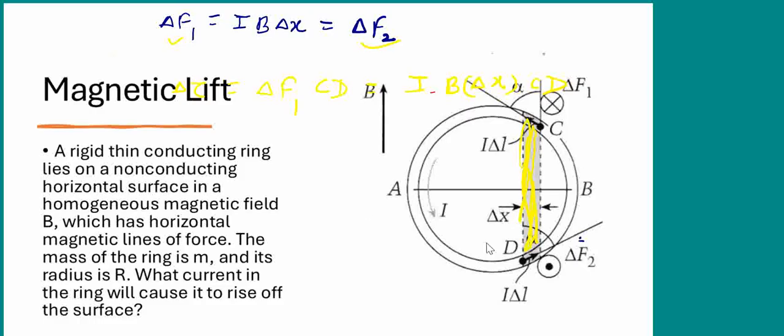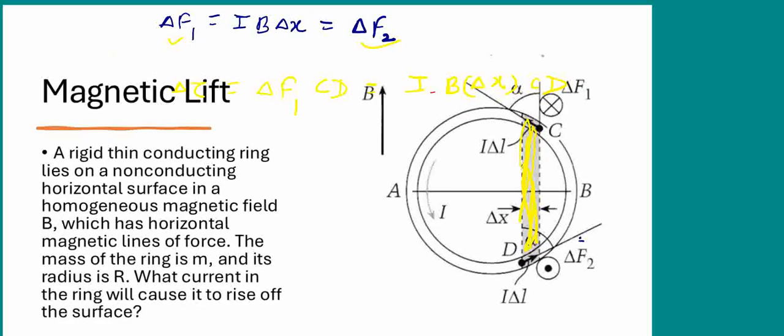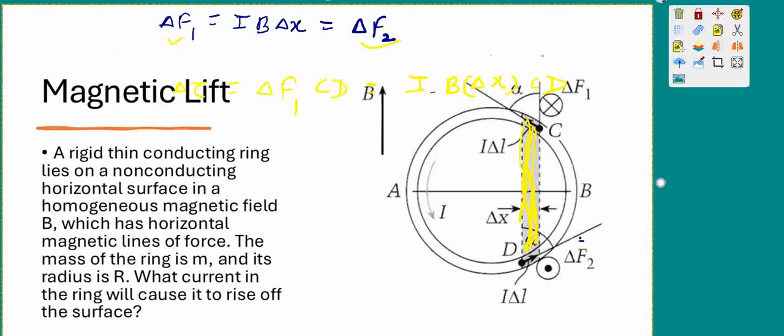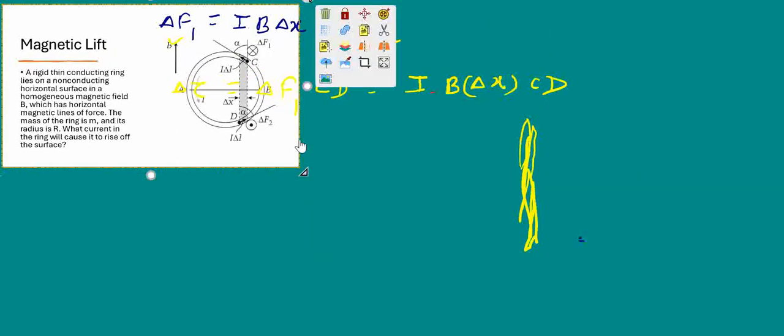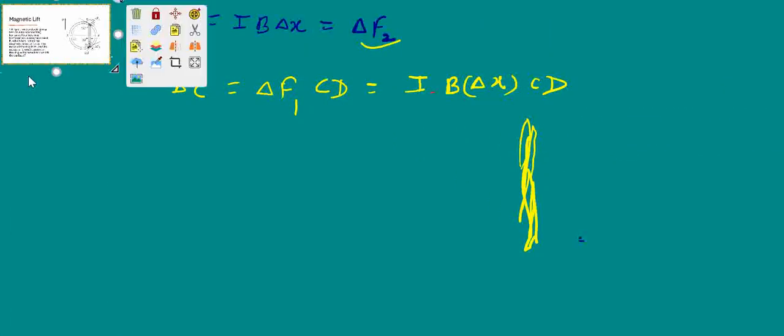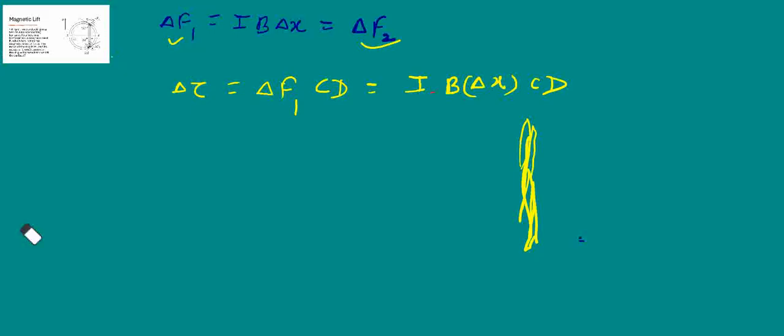So if you wish, you can write it as, call this area S, so it will be simply BIS, or call it delta S because we are working with elementary elements.